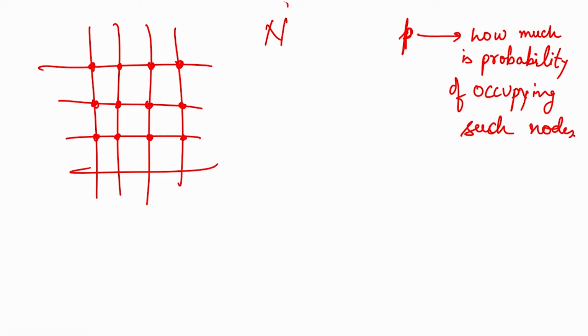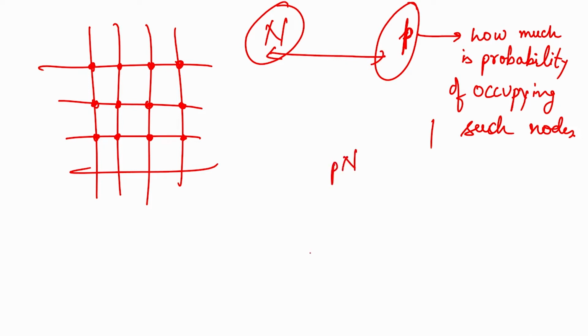So if there are n such nodes and the probability for one such node is this, then the overall probability for n such nodes which are occupied would be P into n.